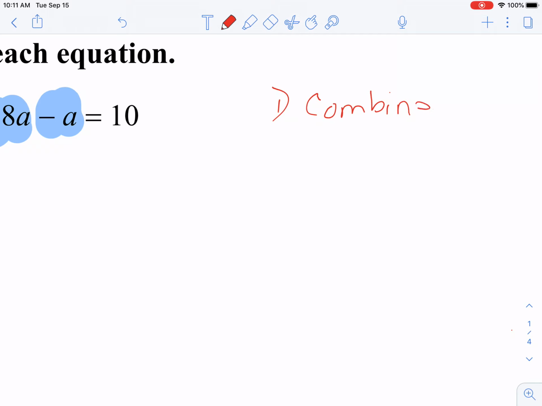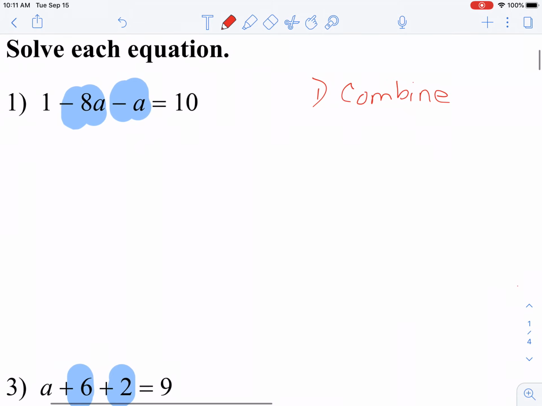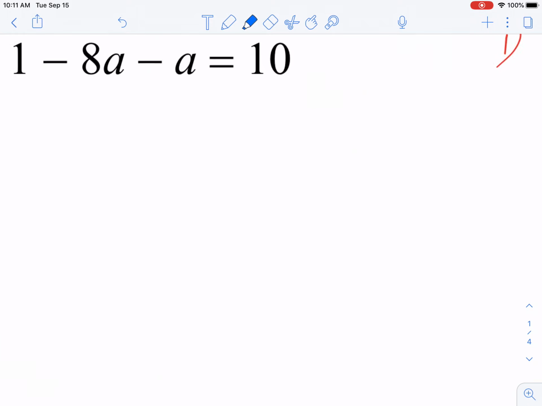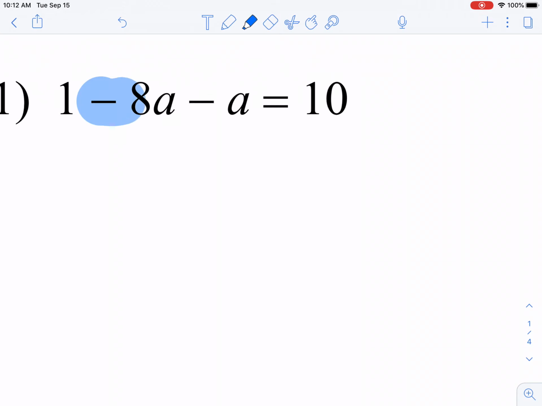And so we're going to call this combine. And so when we talk about combining something, just think about that in general. If I combine something, I'm adding stuff together. So what I'm going to do is the sign in front goes with your like terms. So yes, it's a minus sign, but in this case, it's going to represent a negative sign. You're always going to add when you combine like terms.